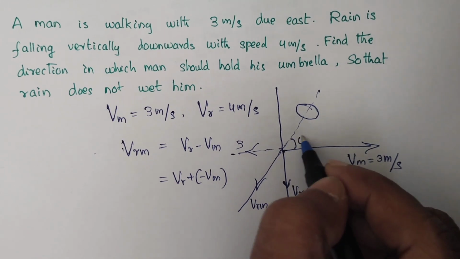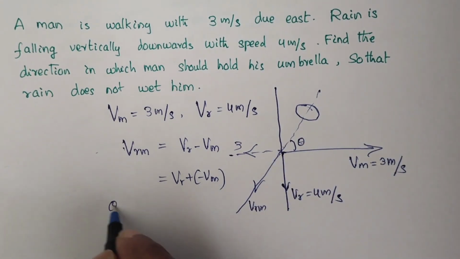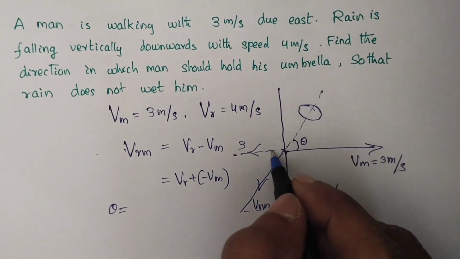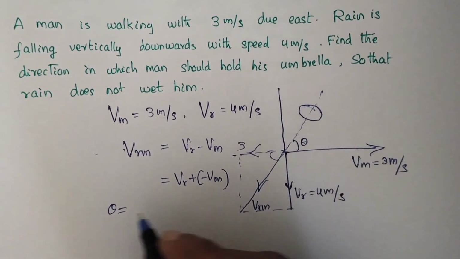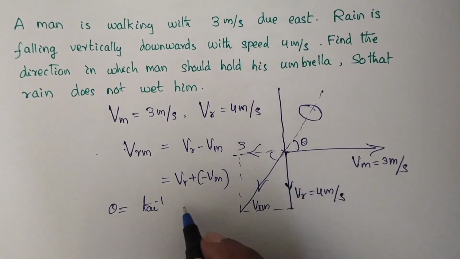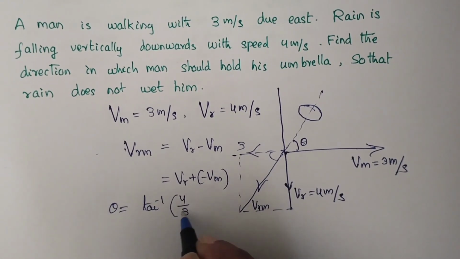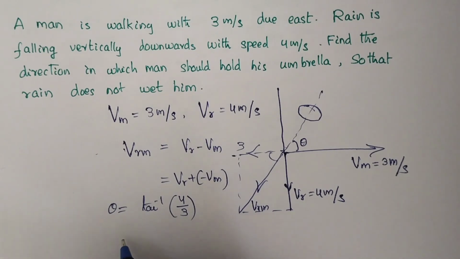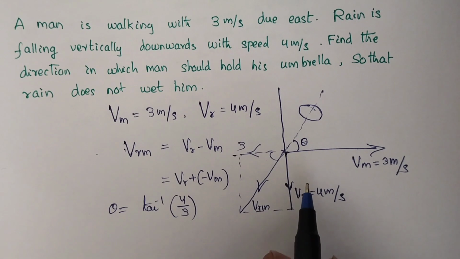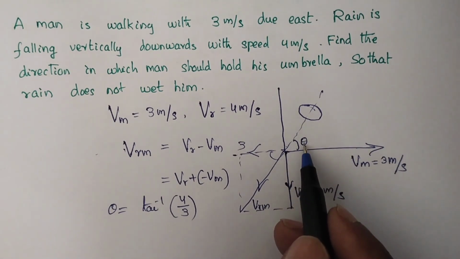So this angle we have to find, using tan inverse, the opposite side over the adjacent side, 3 by 4.